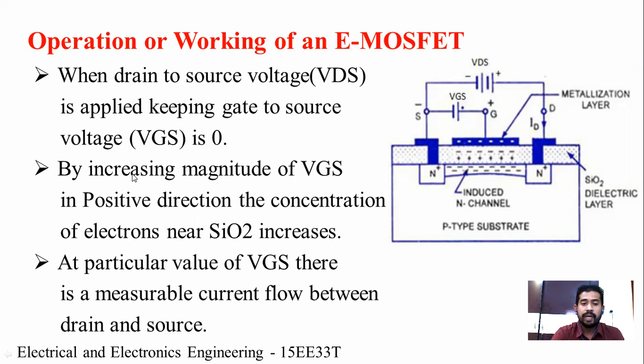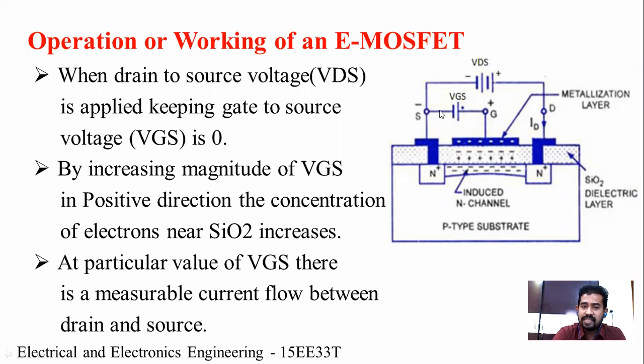After this, by increasing the magnitude of VGS in a positive direction, the concentration of electrons near the SiO2 layer increases.